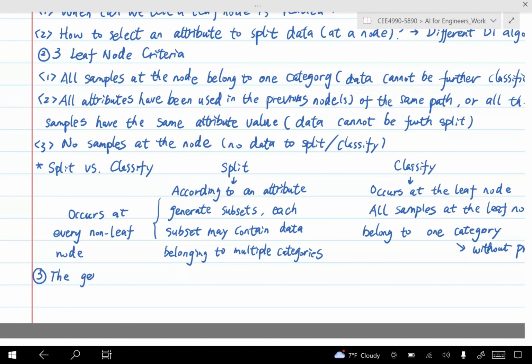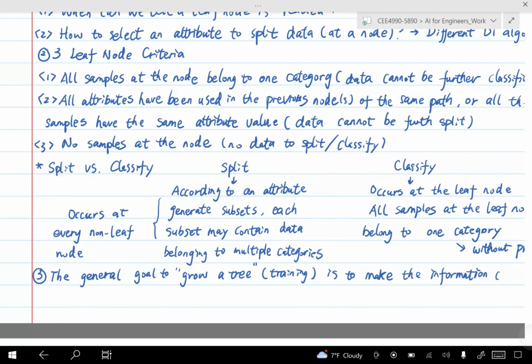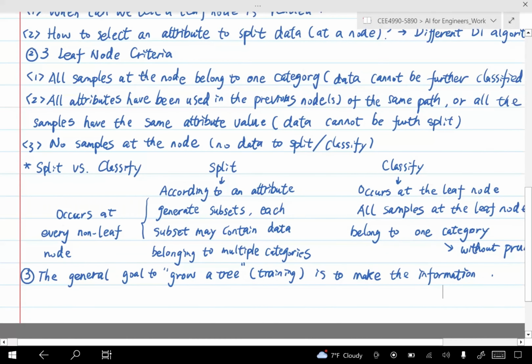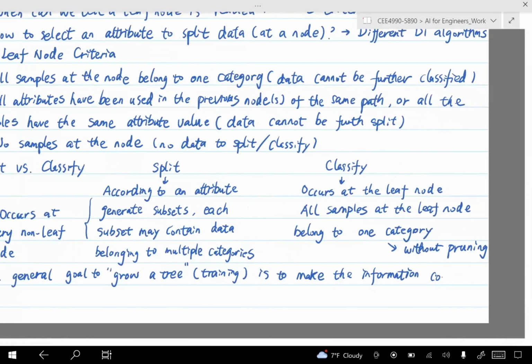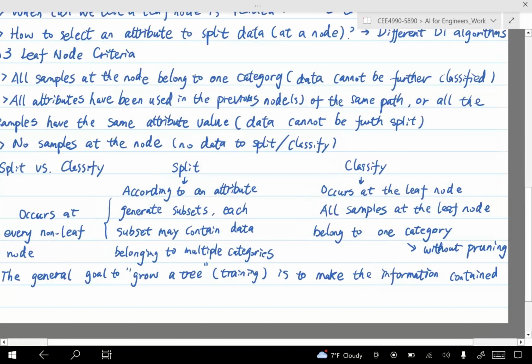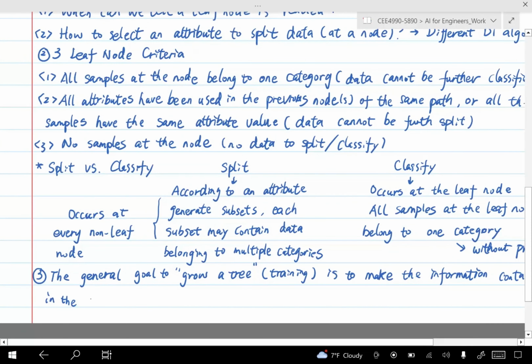The general goal to grow a tree, here grow a tree means this is a training process, is to make the information contained in the data, your training data, pure.